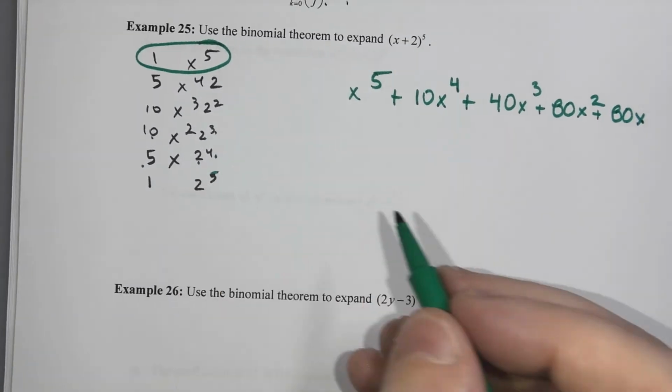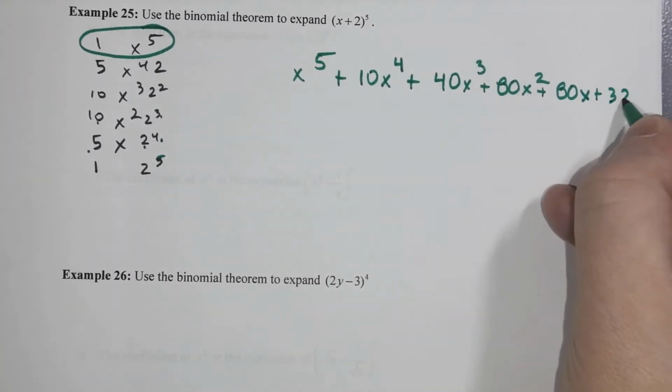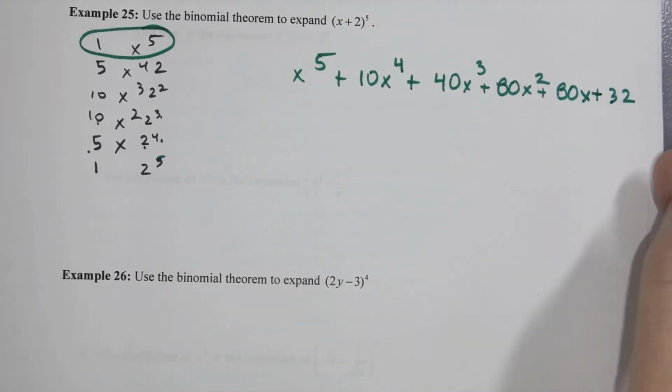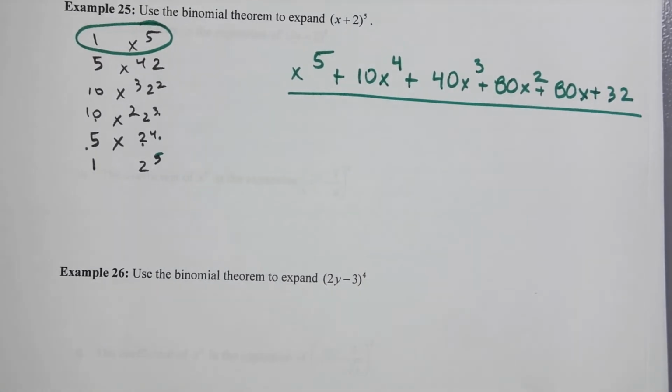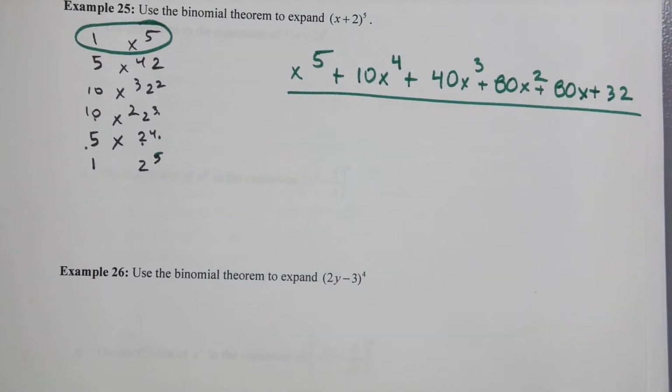And then finally, 2 to the 5th is 32. So notice that this gives us a big advantage because instead of having to actually FOIL or distribute out x plus 2 to the fifth, we can do it much more efficiently by using the binomial theorem.